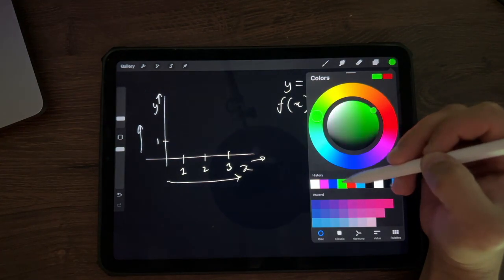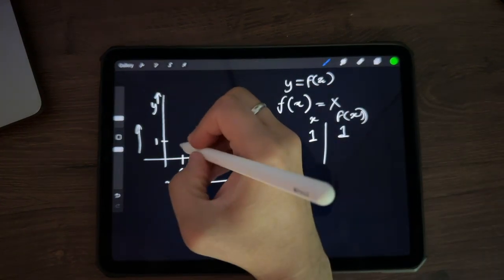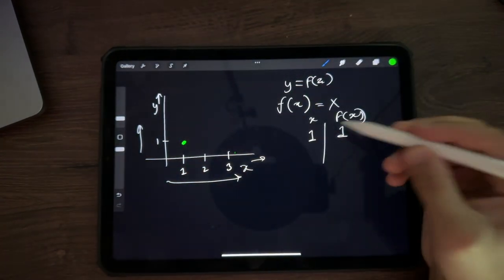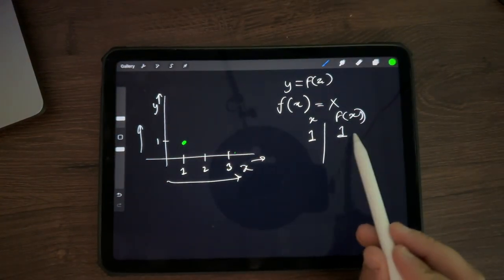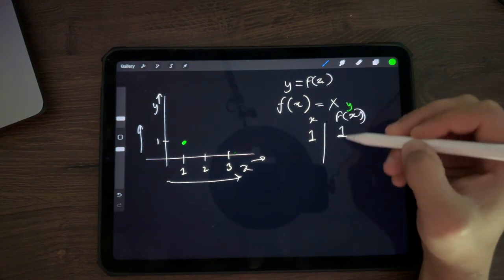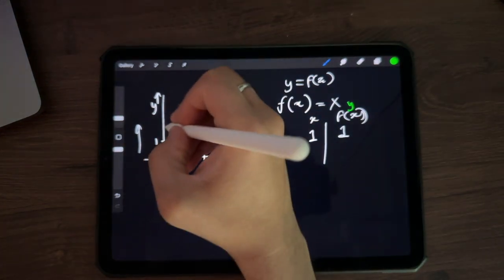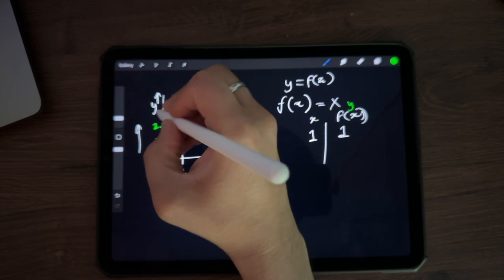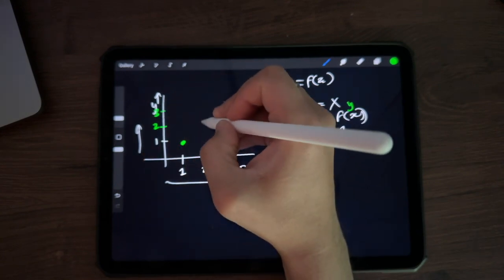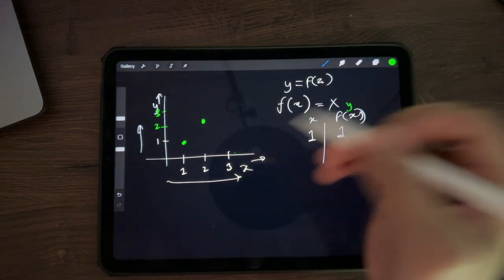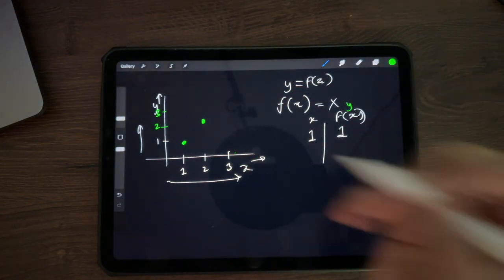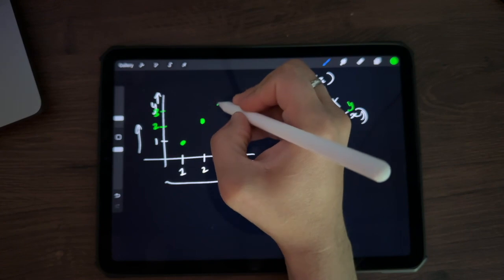Really quickly, I'm going to change the color of my pen to green and put our first mark right here, 1, 1, right? Because x is 1 and the result of our function, which gives us y, is also 1. So now when we get to 2, again, 2 is 2. We're just saying that x is equal to the result of the function. So there's nothing to do. And we have 3, so now we have this.